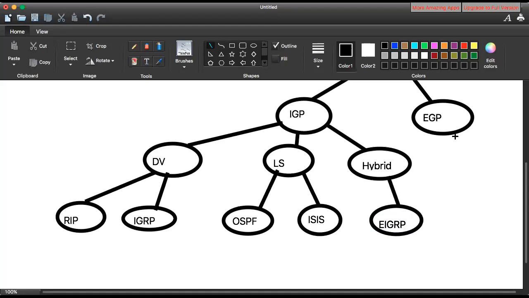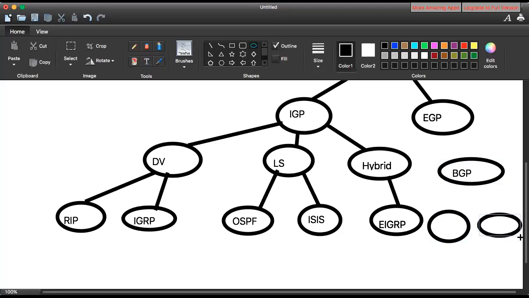And now we cannot forget the EGP as well. EGP is called BGP, Border Gateway Protocol. And BGP basically has two types, IBGP and EBGP.